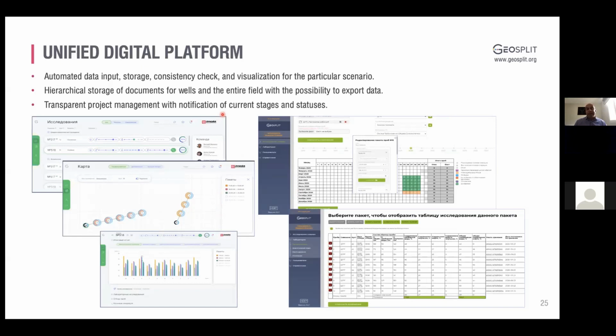The data is centralized in one center. And we also have a hierarchical storage of documents on stage level, well level, field level, reservoir level, and the client level, etc. Such architecture also allows better data processing, analytics, and visualization.